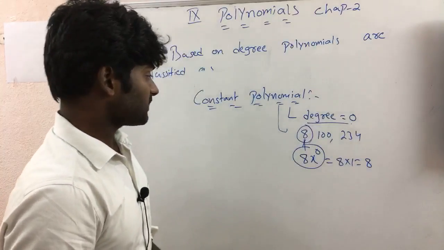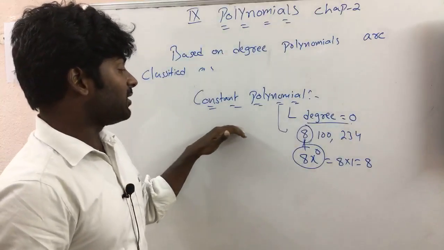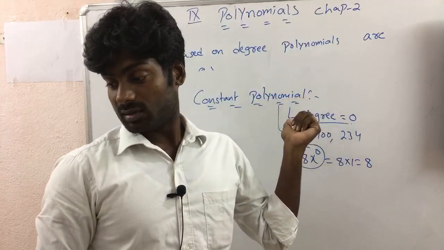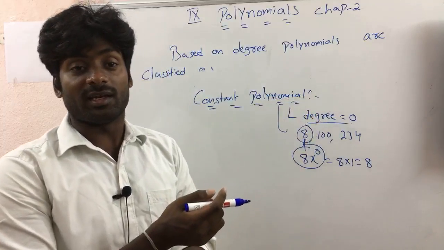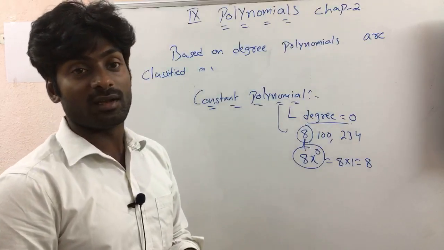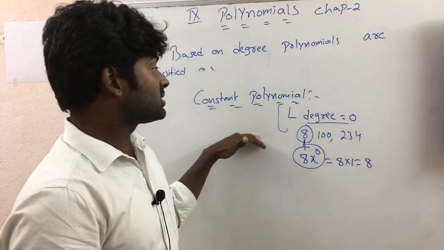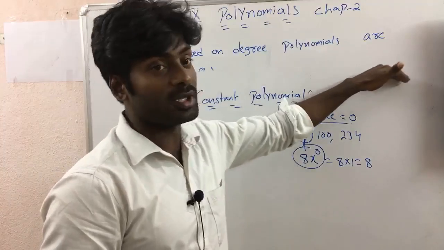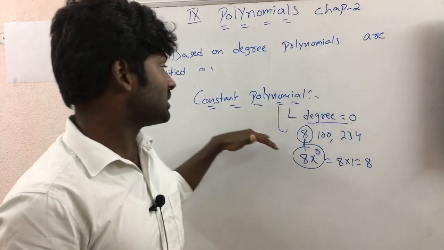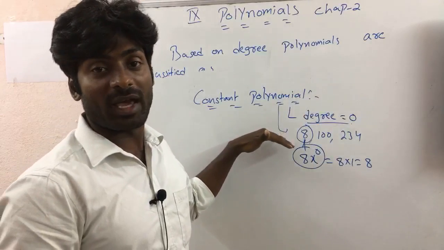Now I am asking, can we have more than one term in the constant polynomial? Before, for linear and quadratic, we may have any number of terms regardless of the degree. Whether it is cubic, quadratic or linear, we may have many terms. Now in constant polynomials, may we have more than one term?